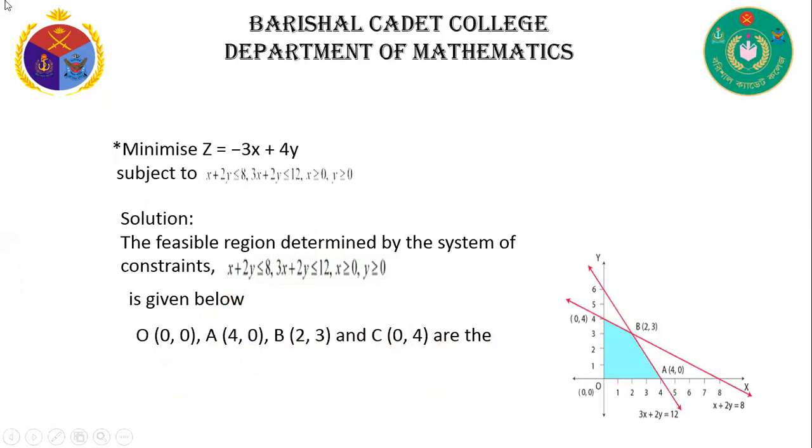Here for the direction, if we put 0, 0, that means 0 is less than or equal to 8.